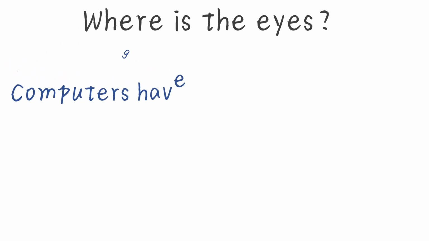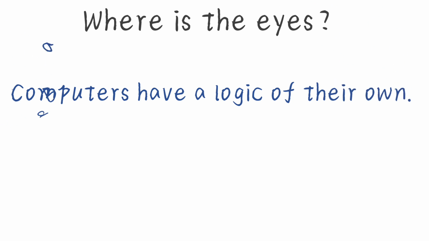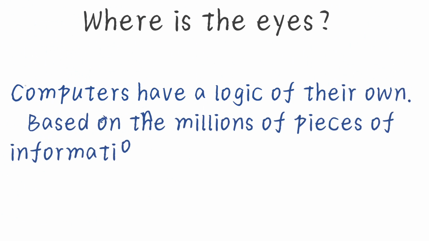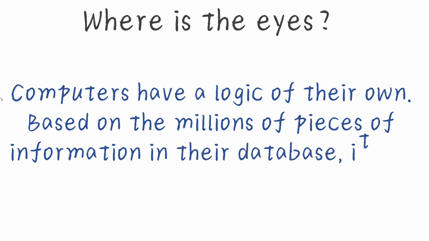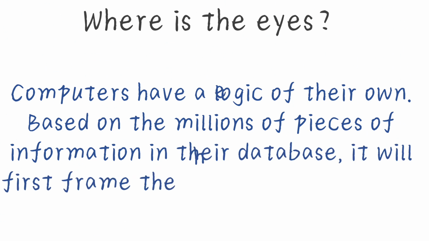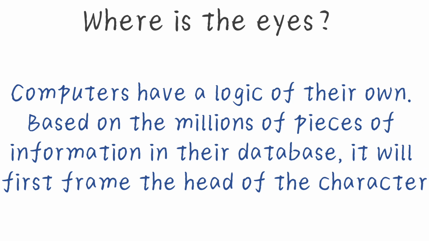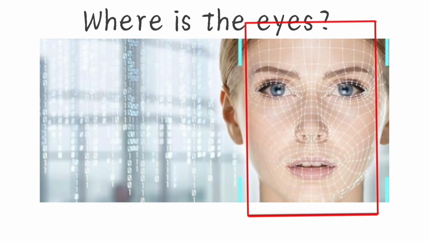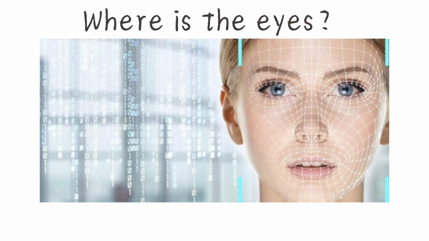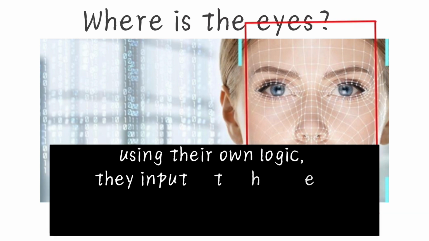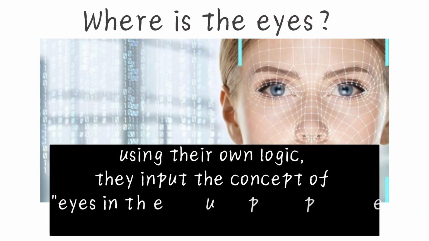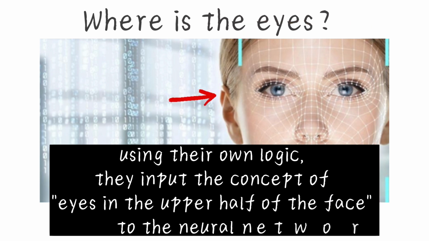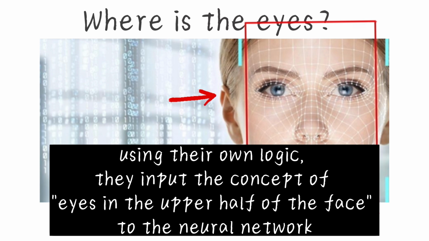Well, computers have a logic of their own. Based on the millions of pieces of information in their database, it will first frame the head of the character, like this. Then, using their own logic, they input the concept of eyes in the upper half of the face to the neural network.